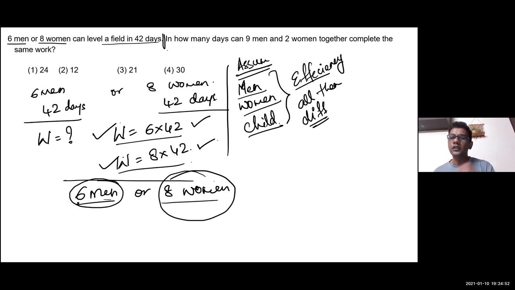So what does it mean? जितना काम 6 लड़के कर सकते थे एक दिन में, उतना ही काम 8 लड़कियां कर रही हैं एक दिन में. ठीक है? So now, if 6 men stop the work and go out, you can actually from tomorrow replace the 6 men with 8 women. आपका उतना ही काम चलता रहेगा दिन का. समझ में आ रहा है? Are you able to follow? Yes, sir.